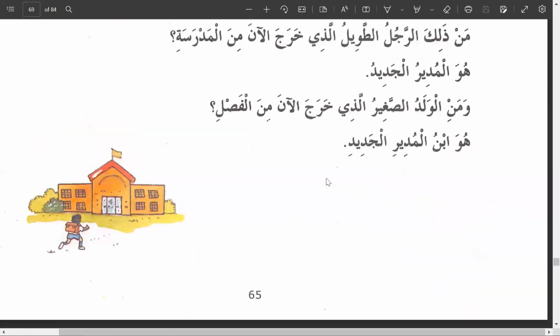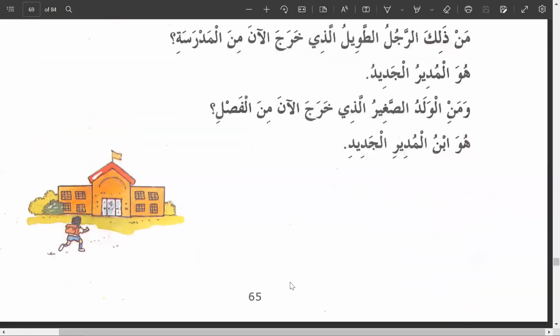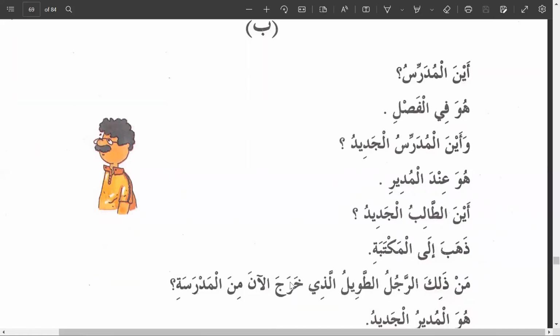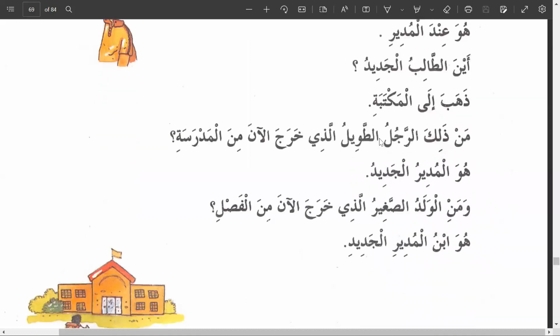Page 65. Write all sentences with their English translation, and circle or square all the fragments also. Okay, this is your homework, inshallah.